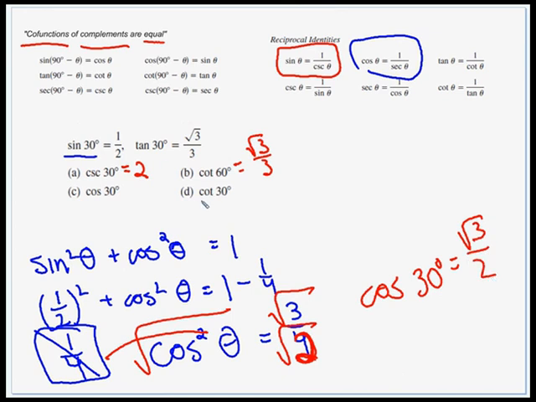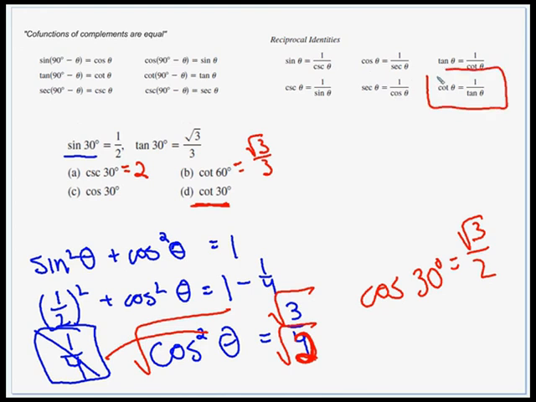The last one here is the cotan of 30. Now let's look up here. Cotan is 1 over tangent. Do we have the tangent? Yeah. Tan and cotan of the same angle, tan of 30 and cotan of 30, are reciprocals. So if the tan of 30 is root 3 over 3, I turn it upside down: 3 over the square root of 3. And don't forget, leaving radicals in the denominator is bad math manners.